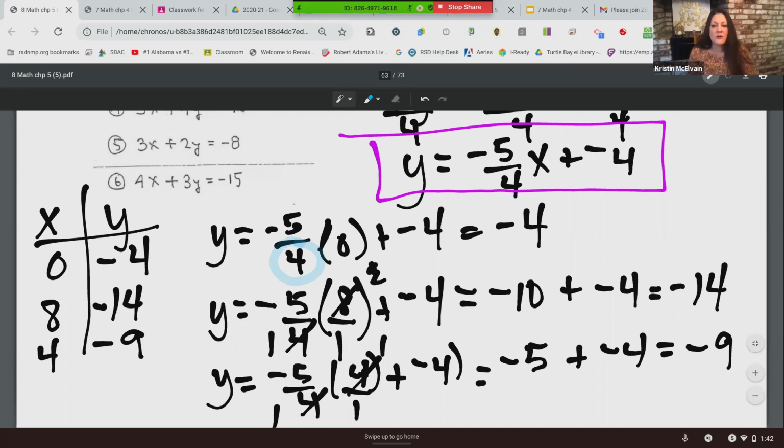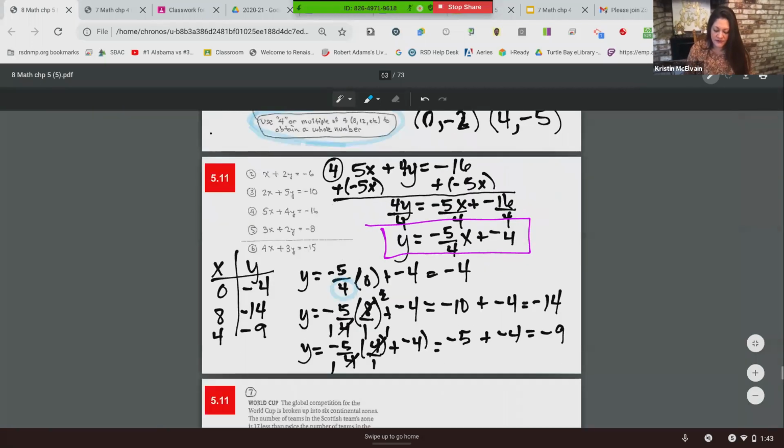Okay, so now what that means is I have figured out 3 different points on the same line, okay? So that's what happens when you use different input values, which it should, because it just shows you that that line is moving, all right? Okay, so that one was number 4.